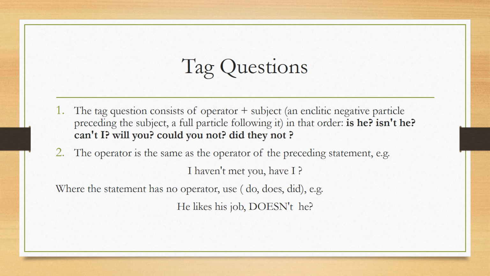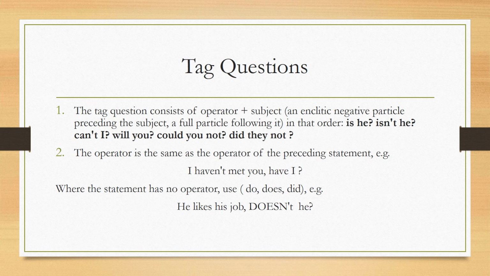In this case, you are going to put it after the subject. So the correct order in which you make your tag question is the following. Is he, for example, is he, isn't he, can't I, will you, could you not? You see here not is used in its full form, that's why it is put after the subject you. Could you not, did they not, and so on.